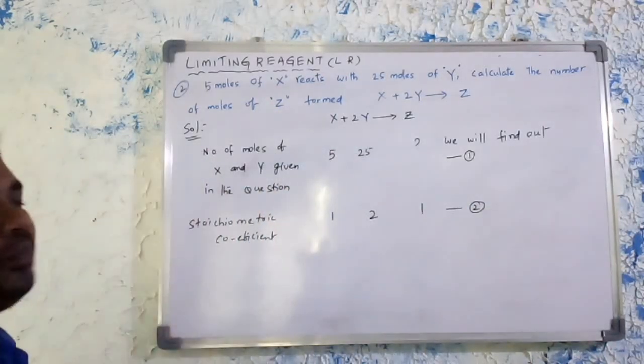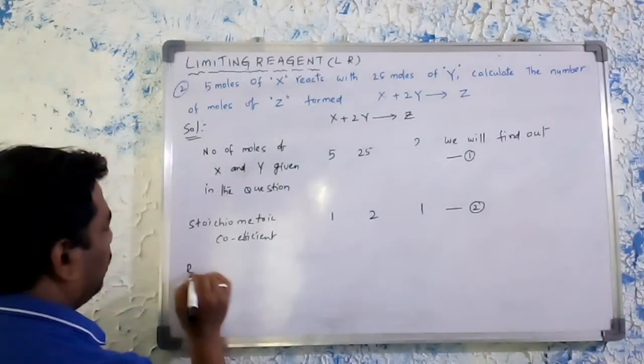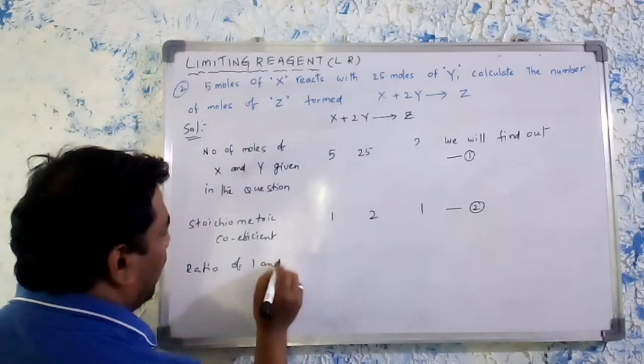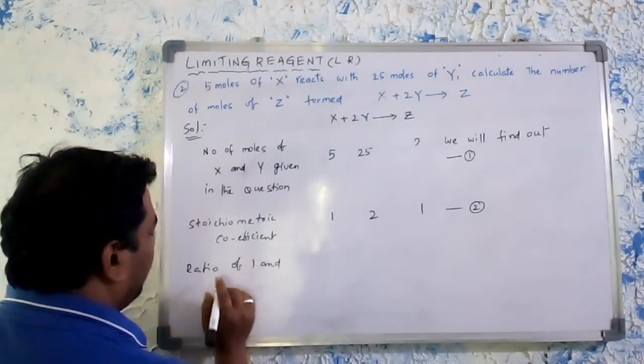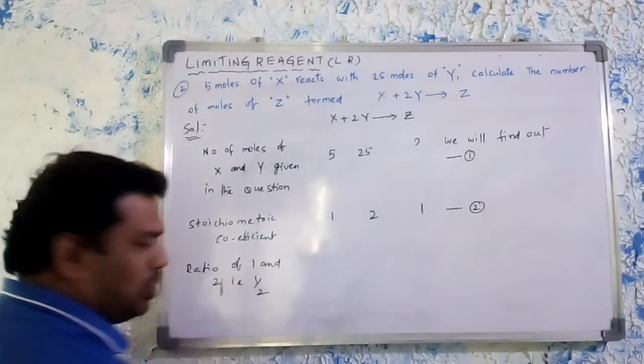So take the ratio of 1 and 2, that is 1 by 2.